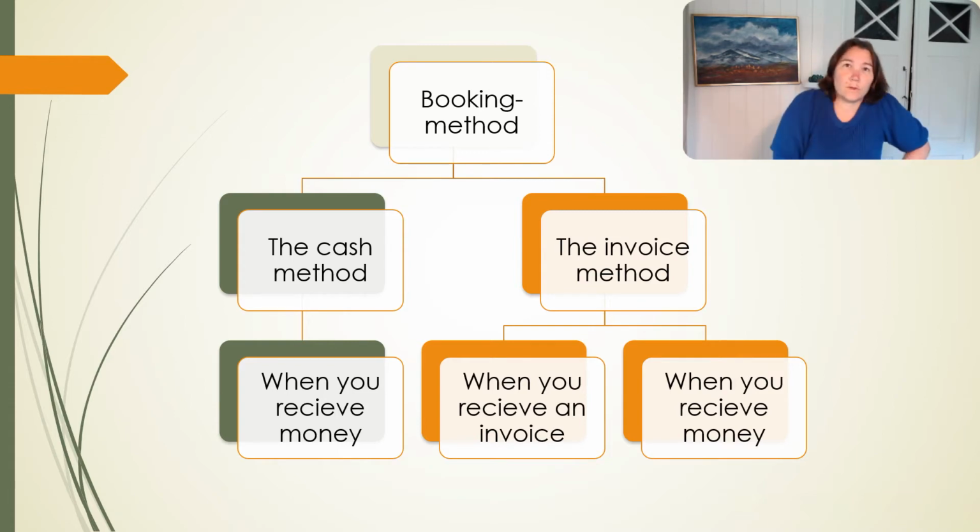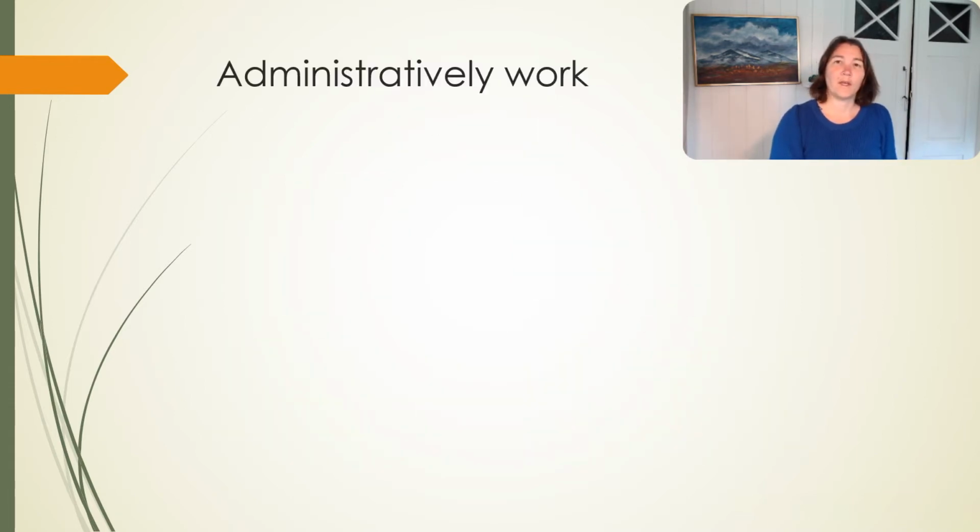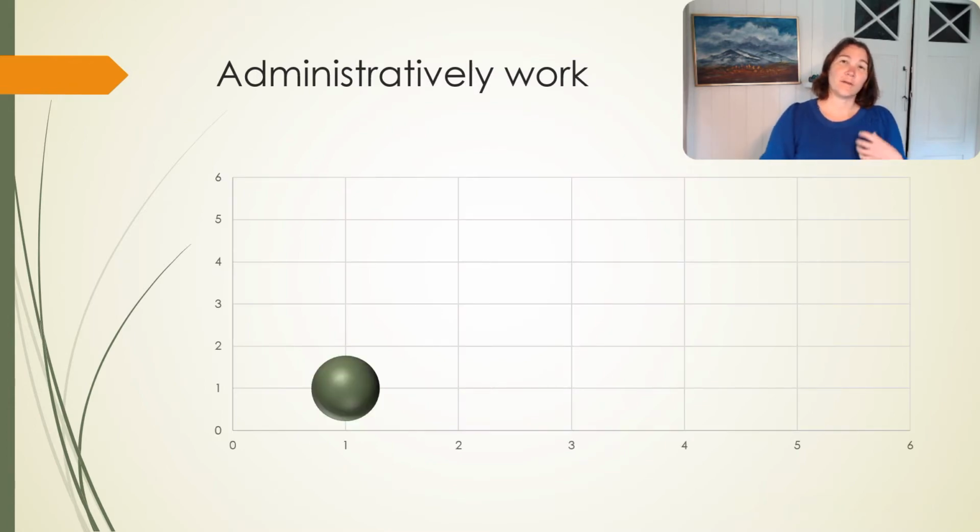Okay, so what should I choose? Well, if you just look at how much administrative work there is with these different methods, I would say that with the cash method, there is a low amount of work, because you only book once. You only need to keep in mind in the bookkeeping when money moves, when you pay somebody or when you receive money.